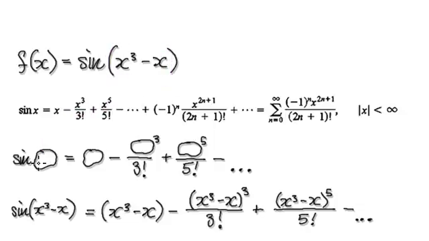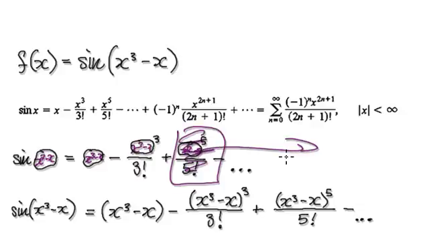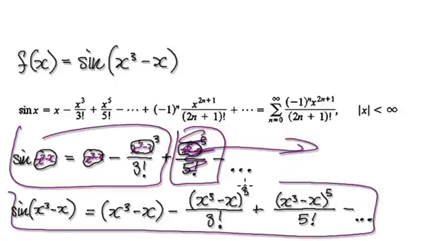So this will be x to the power 3 minus x. Because we're doing it up to order 4, we don't really need anything beyond this. So this thing here will then become this.